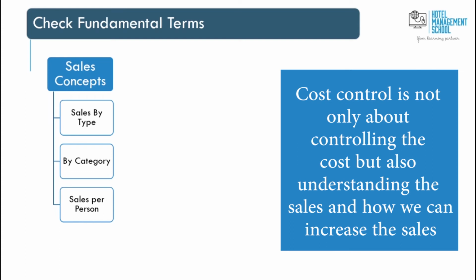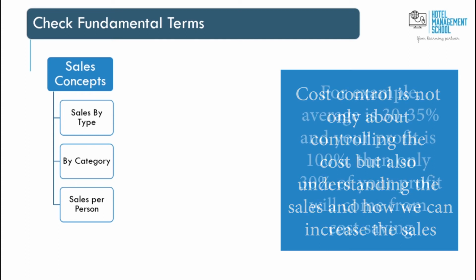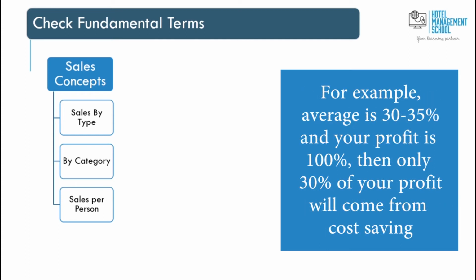So cost control is not only about controlling the cost, it's also understanding your sales and how you can increase the sales. For example, say about 35, or you can say average 30%. So it's only 30%. If your profit is 100%, maybe only a very small portion will come from cost saving.